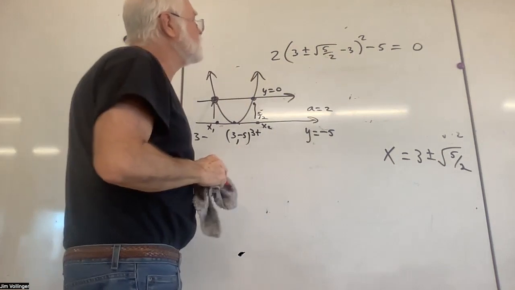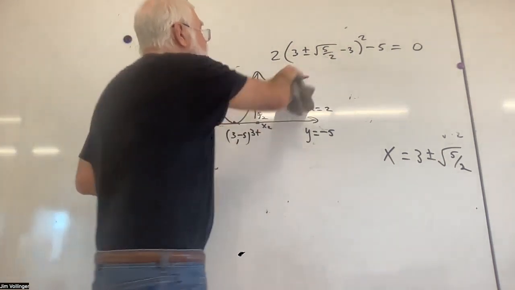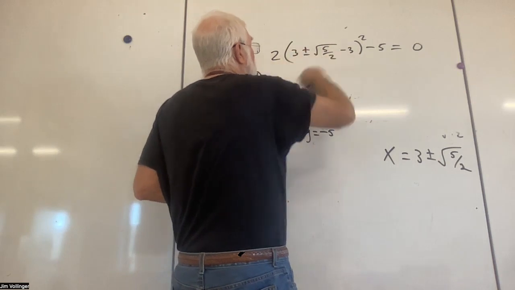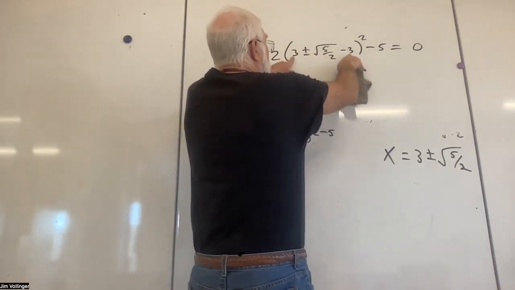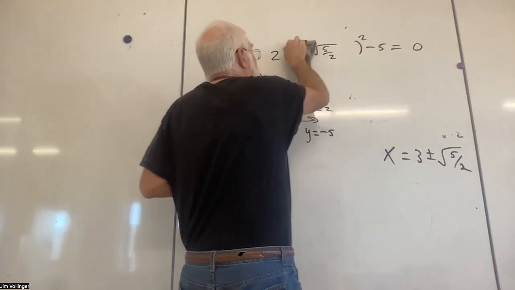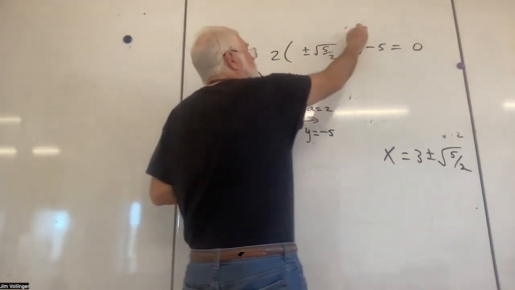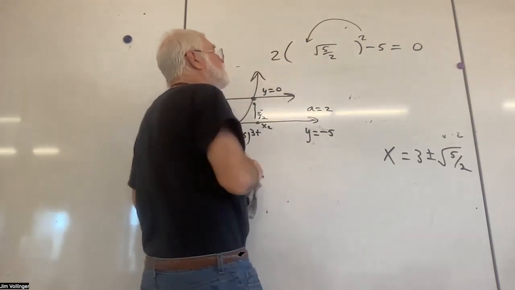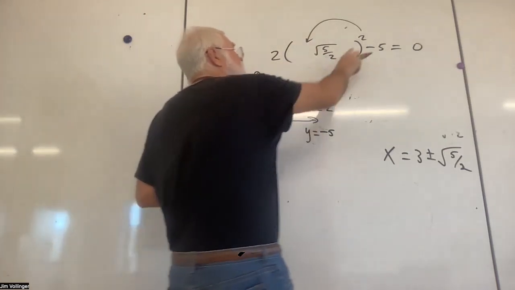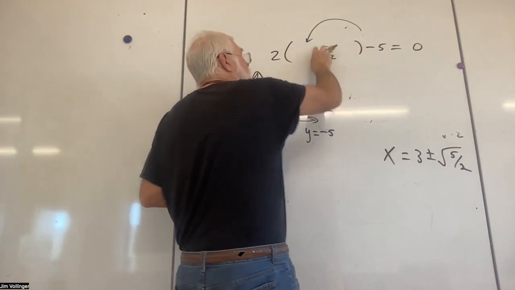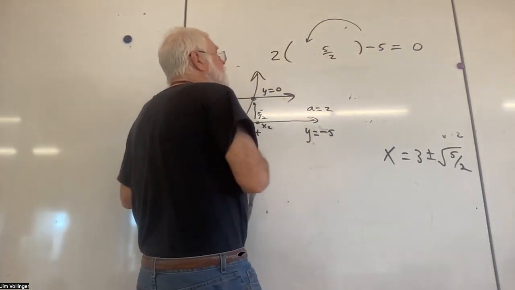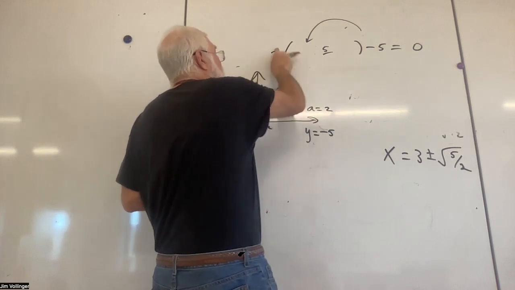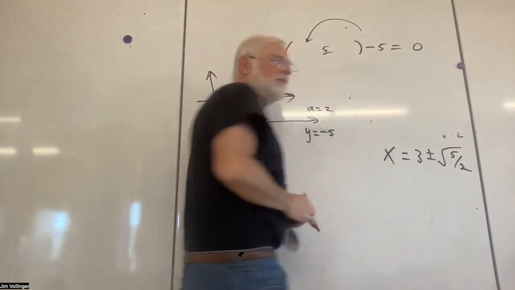The first thing I see is I can get rid of +3 and -3 with just an eraser. If I square a positive or a negative, I get a positive. If I square the square root, I get what's inside. And if I double something divided by 2, I get the numerator. Then 5 minus 5 is 0.